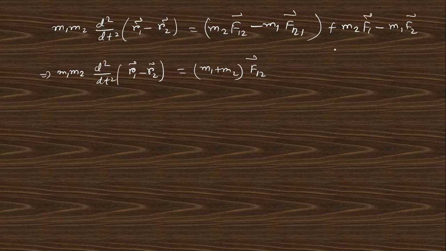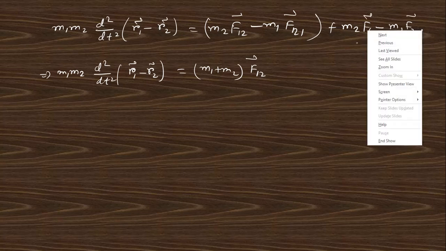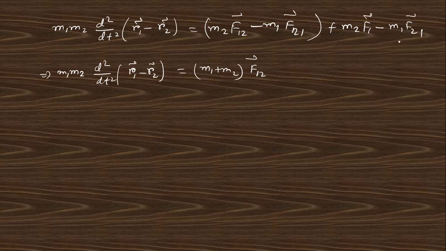F12, because F21 can be written as minus F12. So this is m2 F1 minus m1 F2, okay.